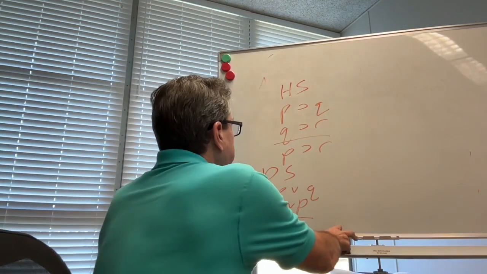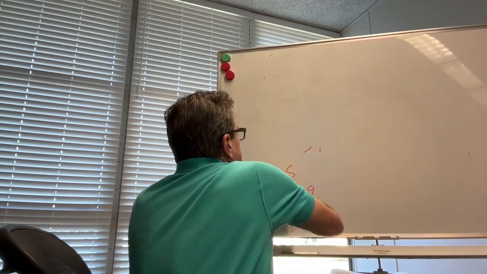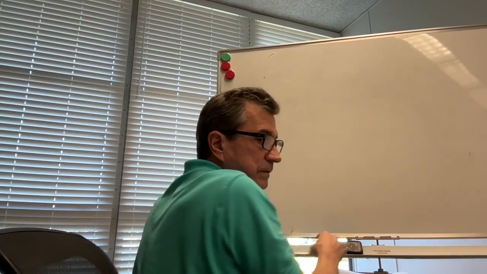Five is called constructive dilemma. It's a more complicated argument. I have to write these on the board separately.